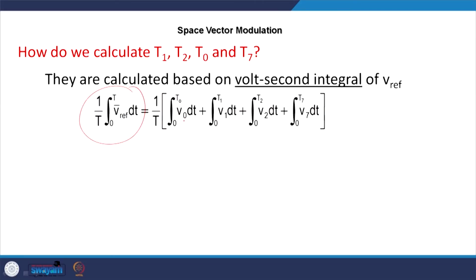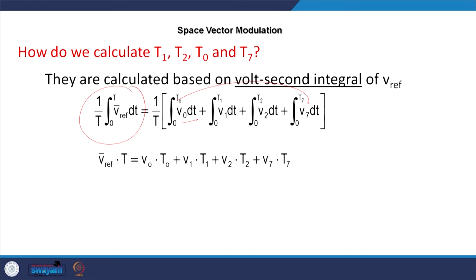So, 1 by T integral 0 to T of V dt plus V1 dt from 0 to T1 plus V2 dt from 0 to T2 plus 0 to T. Generally, we can keep them the same and multiply by 2, that is also possible.